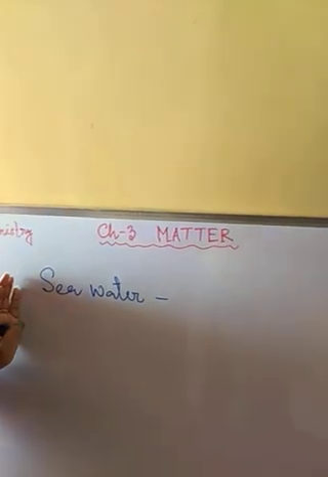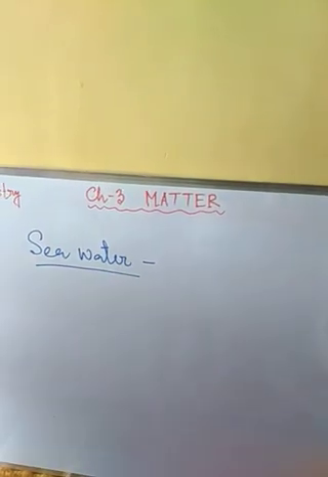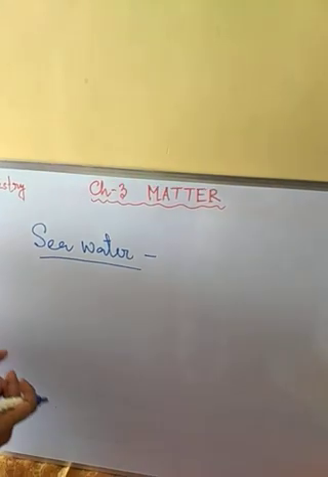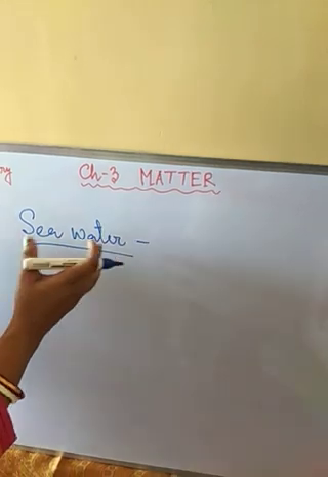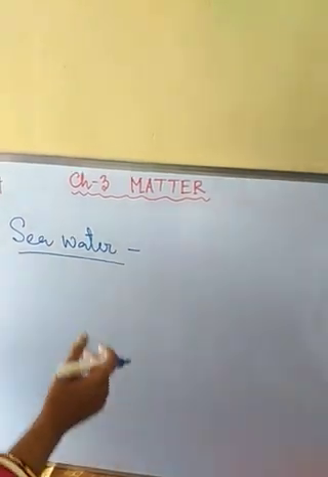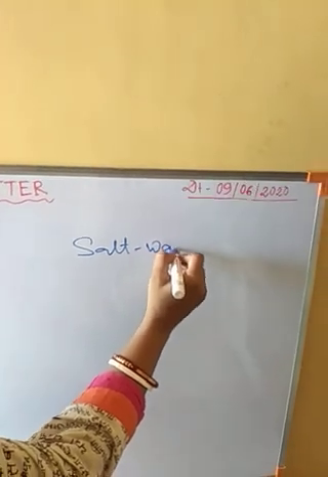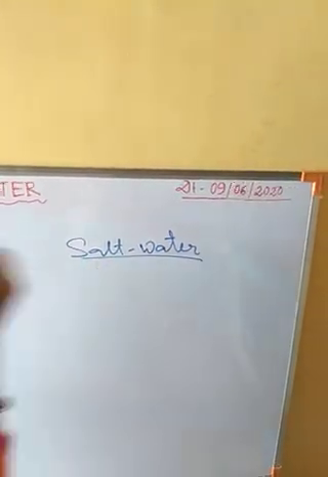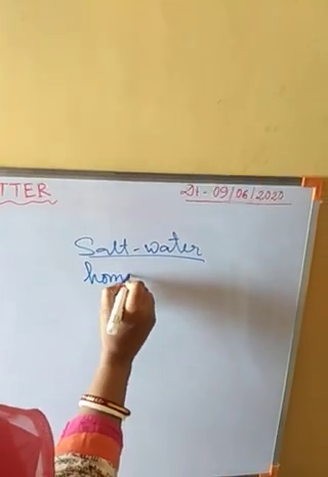Another question was asked: why is seawater a heterogeneous solution? Okay, so seawater is not just salt water. If we take salt water, just like a sugar and water mixture or salt water mixture, this is a homogeneous solution.